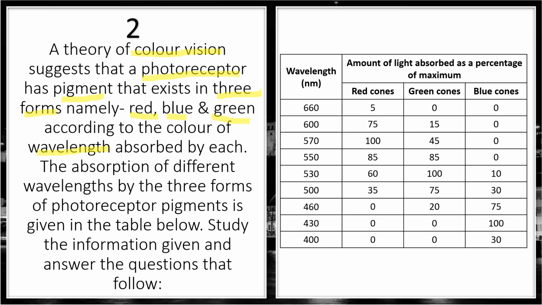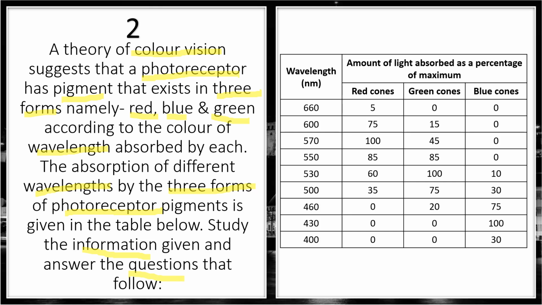The absorption of different wavelengths by the 3 forms of photoreceptor pigments is given in the table below. Study the information given and answer the questions that follow.